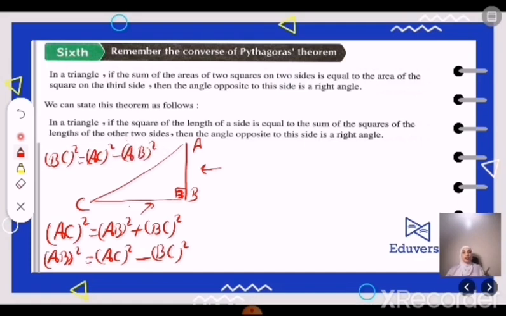So what is the converse of Pythagoras theorem? If the square of the longest side equals the sum of the squares of the other two sides, then I can say the triangle is right.